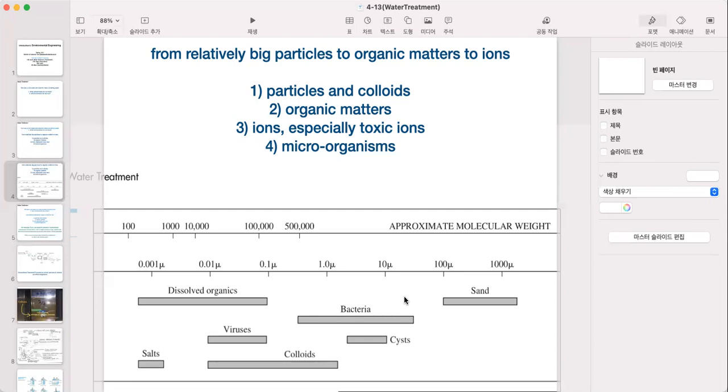Okay. So then we need to do something. Today we would like to discuss and take some action with the process called coagulation. Coagulation, or the coagulation process for colloid.